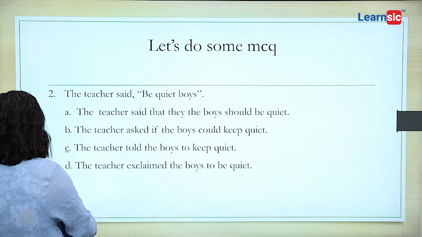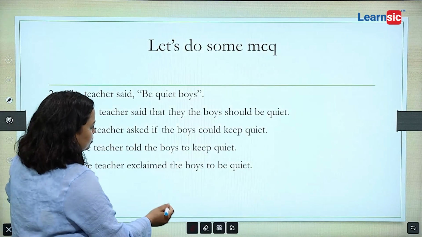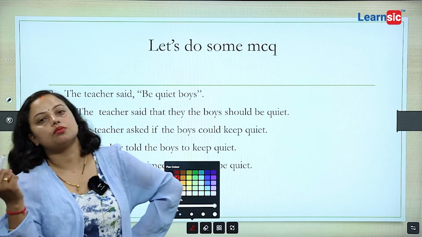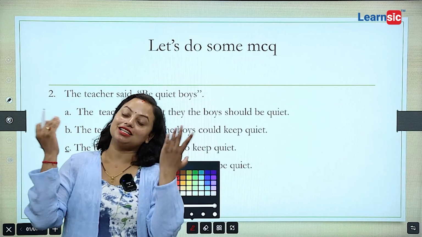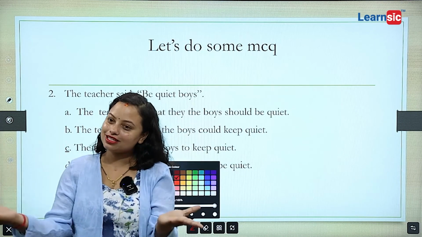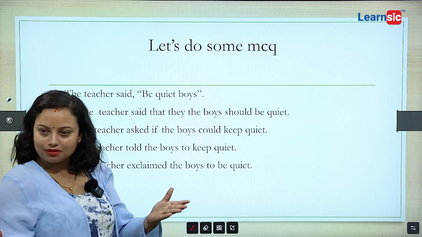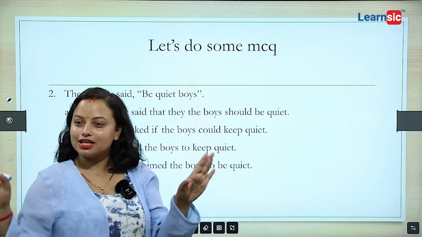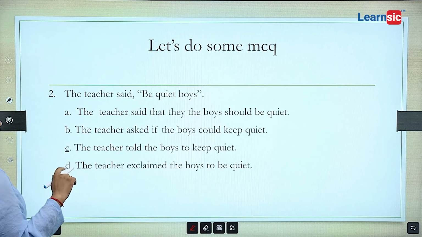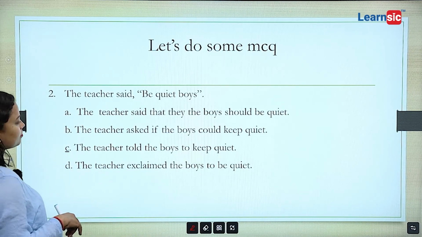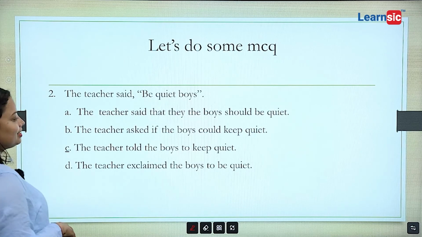Option C. Okay, probably it must be option C, I have no doubt, the correct answer is also option C. But please present me the logic, how can you guess it is number C, on what basis, केमा आधार भएर तिमीले भन्यौ कि यो चाहिँ नम्बर C नै हो भनेर। Be quiet, boys means imperative sentence and imperative sentence has two major interactions.